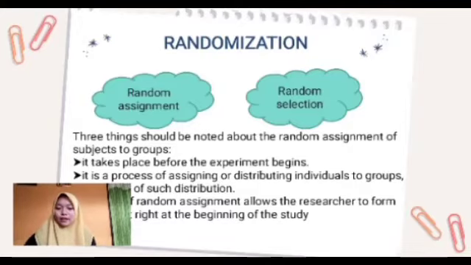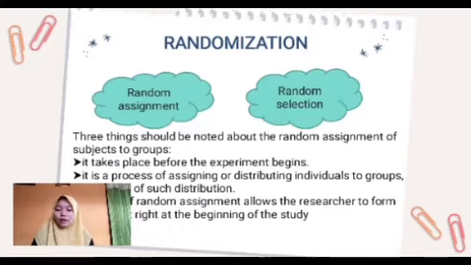And then next, there is randomization. The randomization consists of two: the first one is random assignment, and the second one is random selection. Random assignment means that every individual who is participating in an experiment has an equal chance of being assigned to any of the experimental or control conditions being compared.